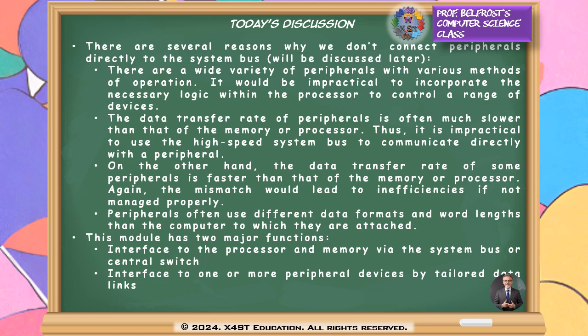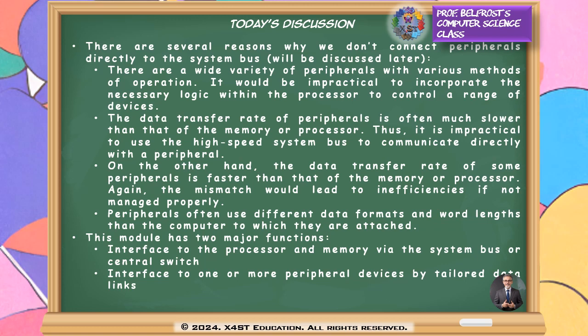Thus, it is impractical to use the high-speed system bus to communicate directly with a peripheral. On the other hand, the data transfer rate of some peripherals is faster than that of the memory or processor, and this is also ineffective. Again, the mismatch will lead to inefficiency if not managed properly. Fourth, the peripherals often use different data formats and word lengths than the computer to which they are attached. These data formats and word lengths will become one of our discussions in the next lesson.